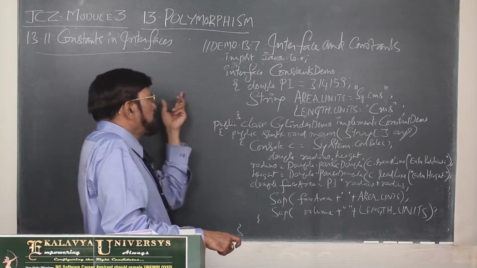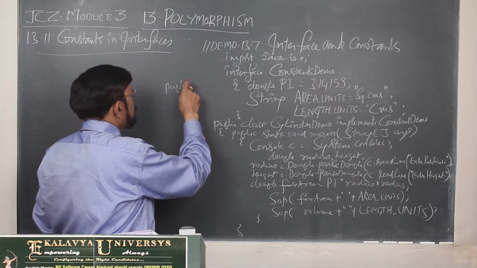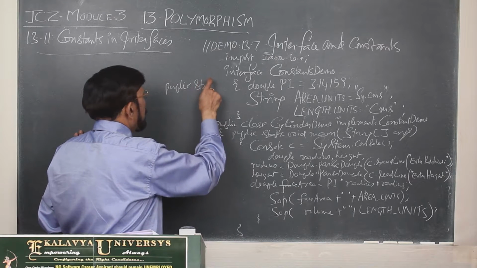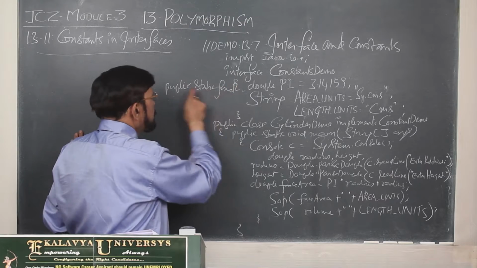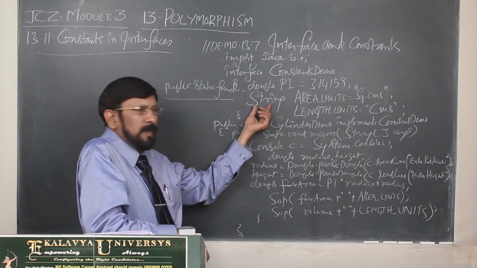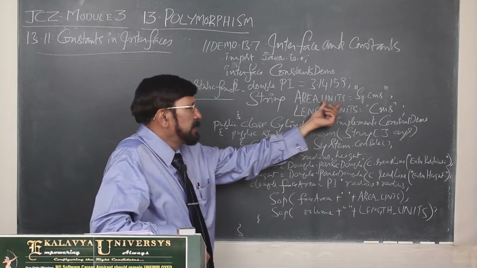Actually, what should be before it? Public static final. These are implicitly applicable, you need not write them. Thereafter, one more constant we are writing, that is a string reference, AREA_UNITS.